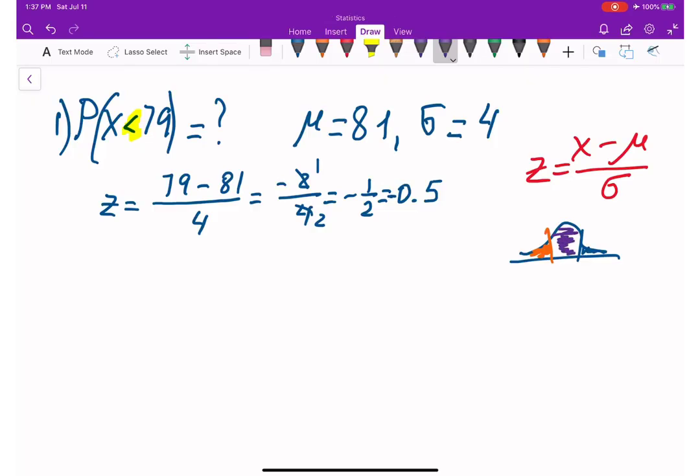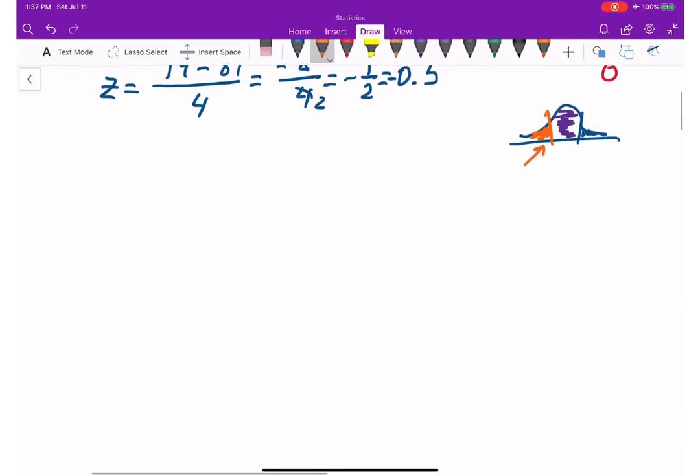We are going to use the left tail table because for schools we usually use the left tail table. And since we have x less than 79, this table is going to work perfectly without any modifications. Okay, so z-score equal to negative 0.5.